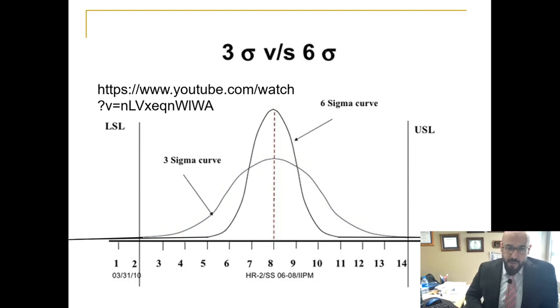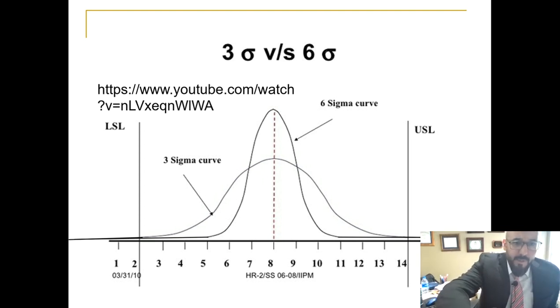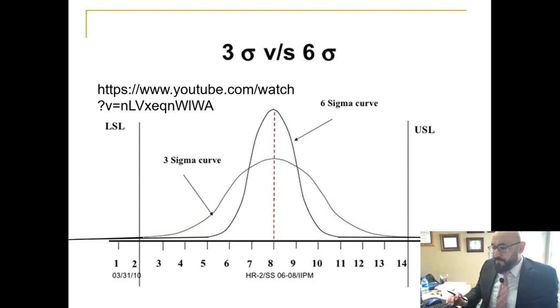If you look into this chart, you will see the 6 sigma curve has most of the data clustered around the mean, versus the 3 standard deviation, which is wider and more spread. So the more variation in quality, the less quality. We need to ensure minimal variation in the process to ensure high quality.